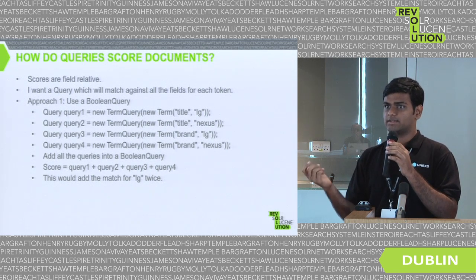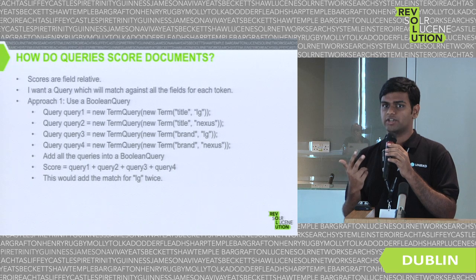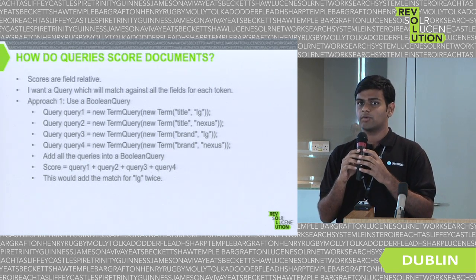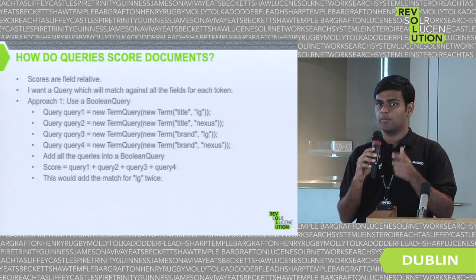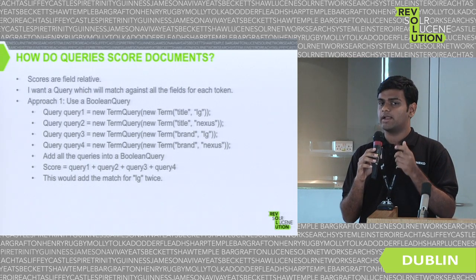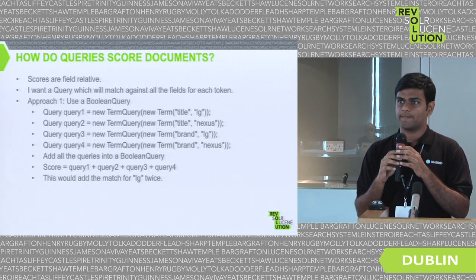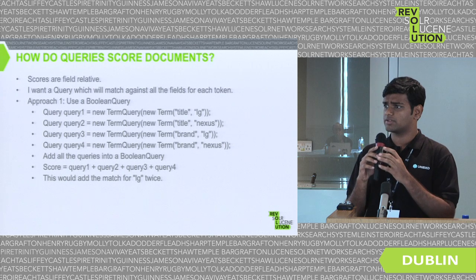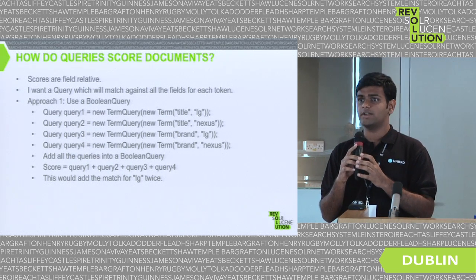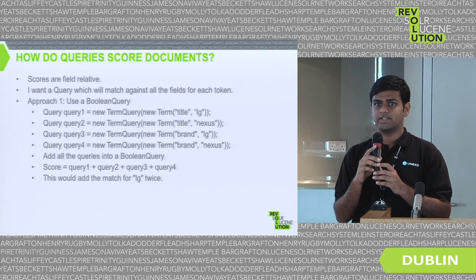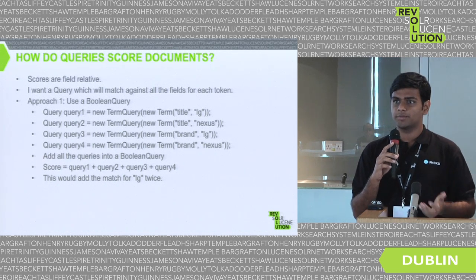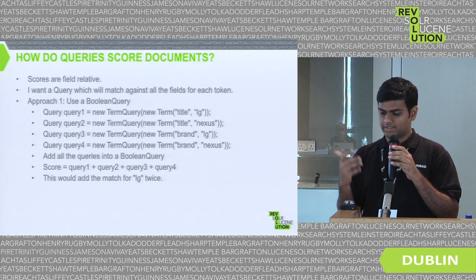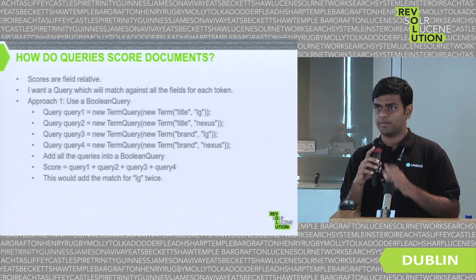Same thing for Nexus. So you would have these two disjunction max queries, and what this would do is take the score. If LG matched both your title and your brand, it'll take the score from the highest one. So that's how disjunction max query works. Now in Solr, if we use dismax or edismax, this would be the default way in which your query would get formed. So that's just about getting an idea of how query parsing works.